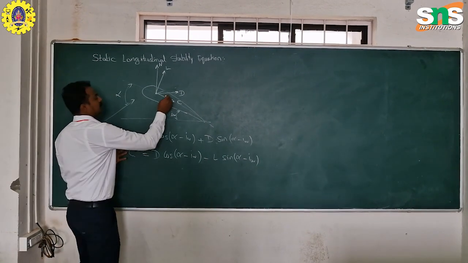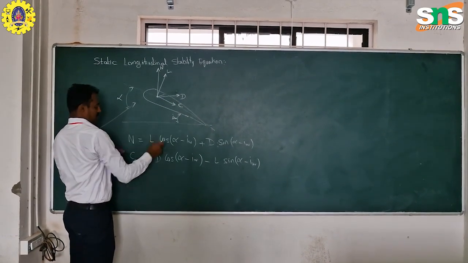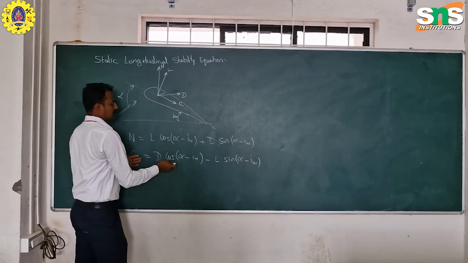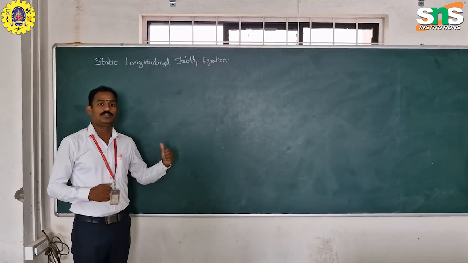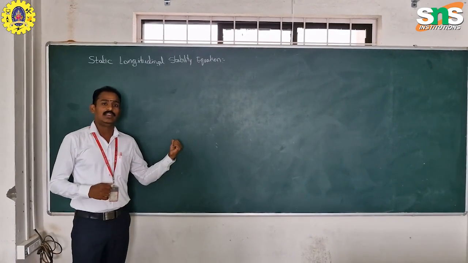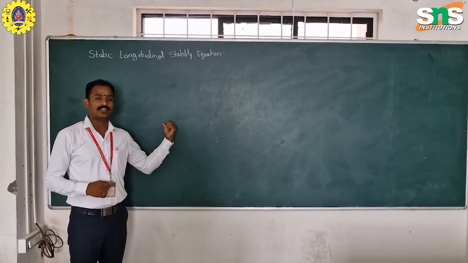These equations come from the resultant of drag and lift in terms of alpha and i_w. So we have derived the normal force and chordwise force on the airfoil.